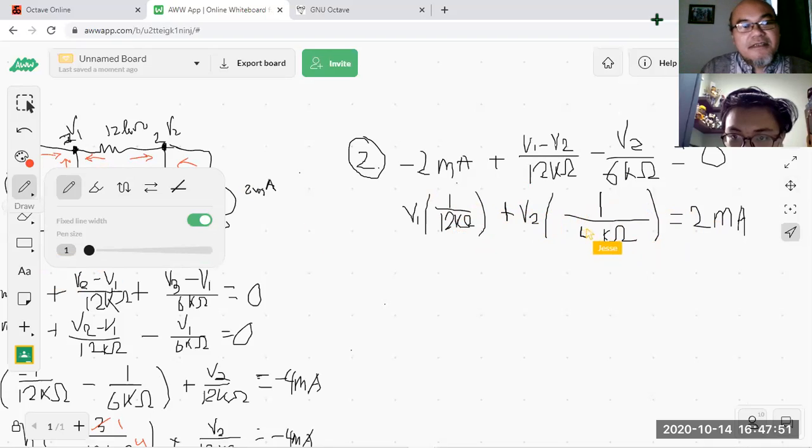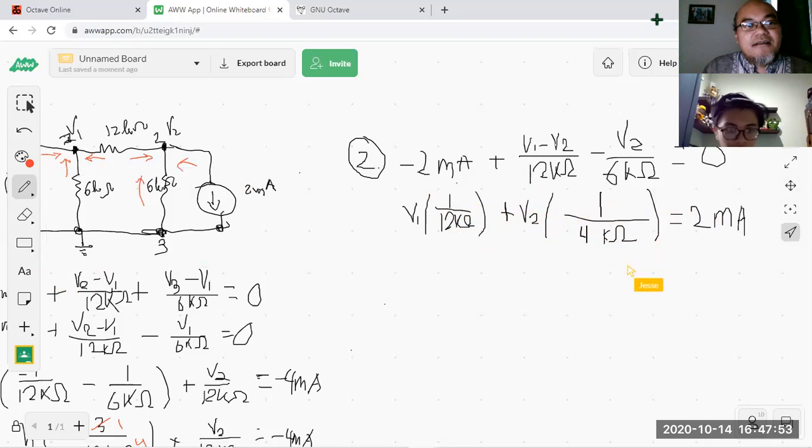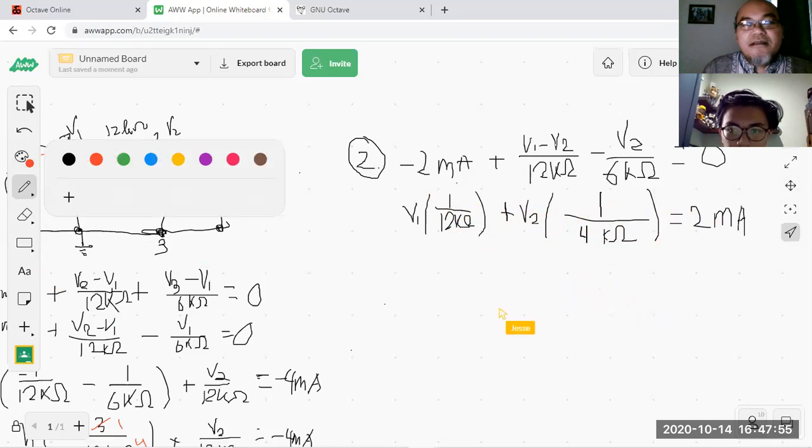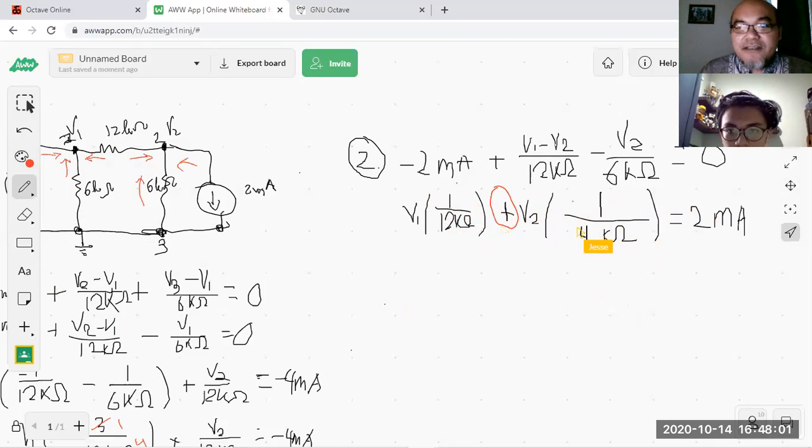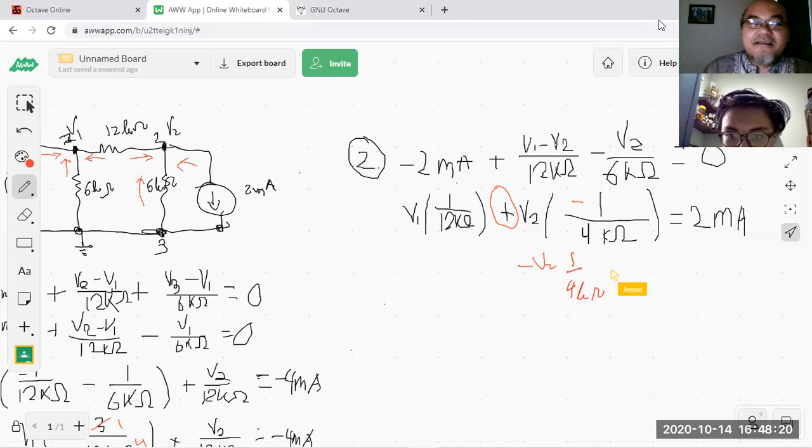4. Then for node 3, right? So be careful again. I just said be careful. If you put plus here, this one has to be negative. So the overall will be negative V2 multiplied by 1 over 4K. Understand?